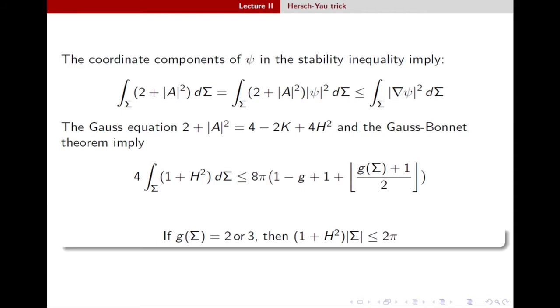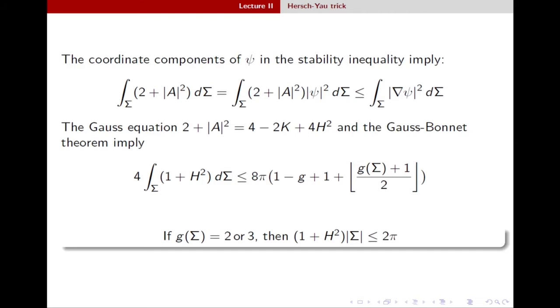Okay. The number 3, on the other hand, is something that you might like to rule out, but it's still sharp in a way, because if you look at the border case, which corresponds to flat spaces, then there are examples with genus 3 there. Okay, so this was the first remark.